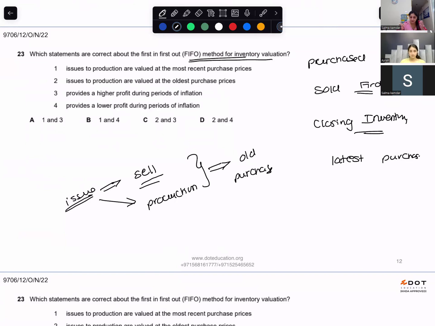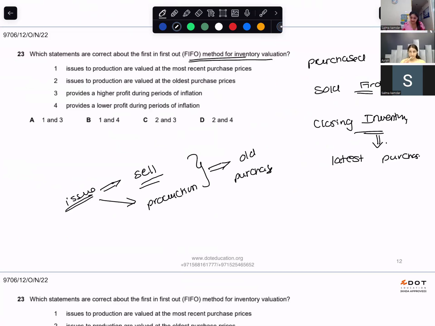Whatever I am selling, it is from your old purchase, right? So what I am issuing, what I am selling, is from your old purchase, and whatever is the closing inventory, it is from your latest purchase.